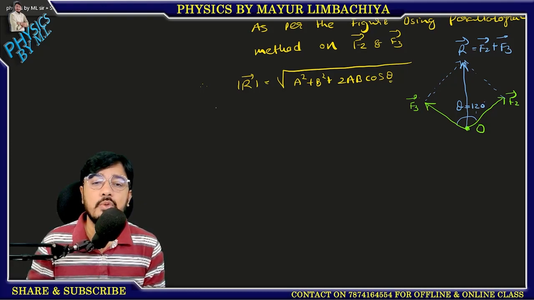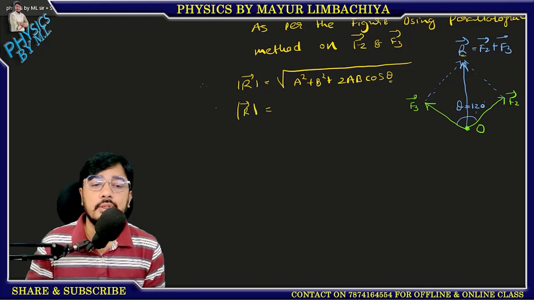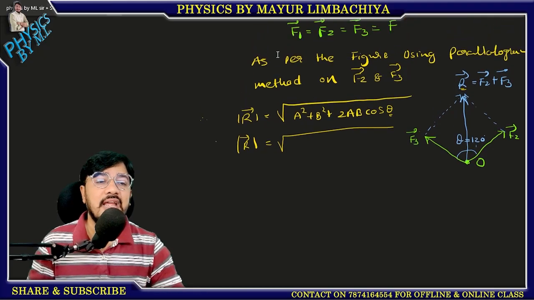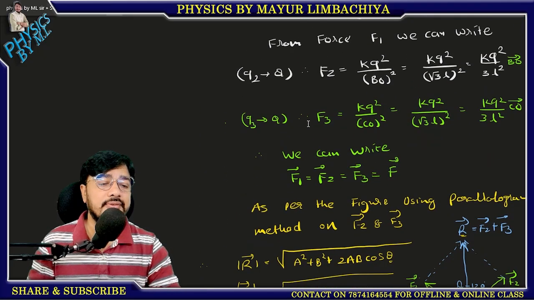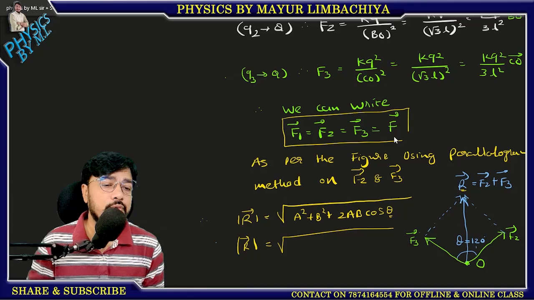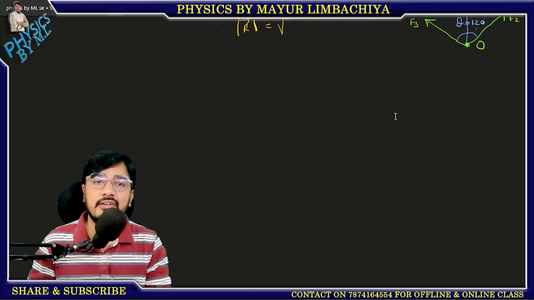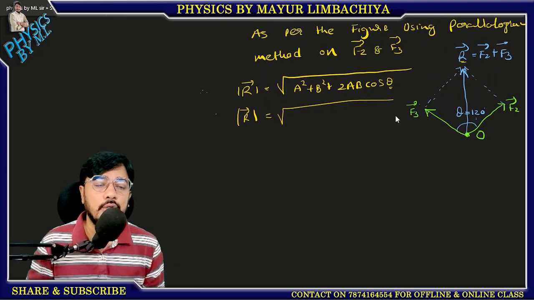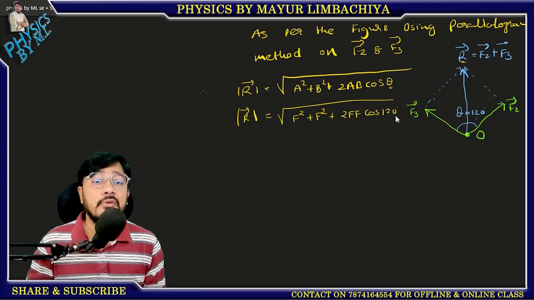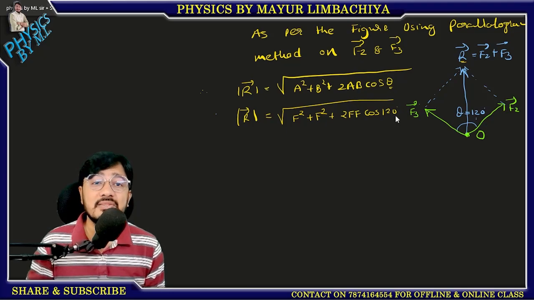Now I can use this formula, R, the resultant of these two, is under root of f1 square plus f2 square plus 2 f1 f2 cos theta. We have considered that f1 is equal to f2, which is equal to f. So I will write f instead of f1, f2. So f square plus f square plus 2ff cos 120. What is the result of cos 120? Minus 1 by 2.